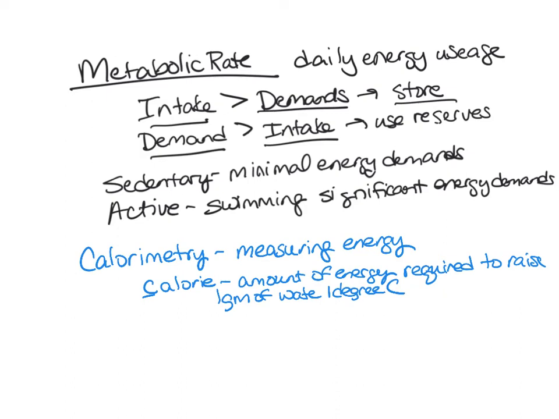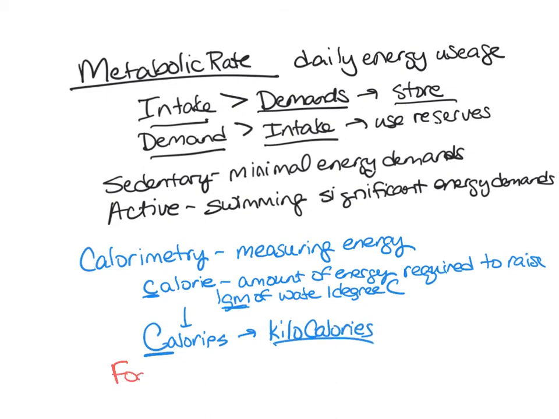Since humans are weighed in kilograms, though, and not in grams, we would convert the calorie with a little c to a calorie with a capital C, which means kilocalories. It's just a conversion. Food contains calories.